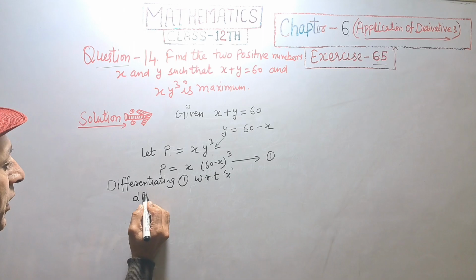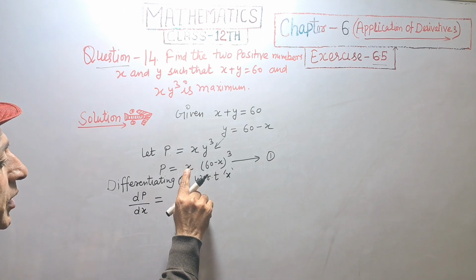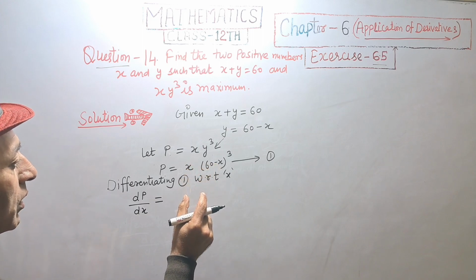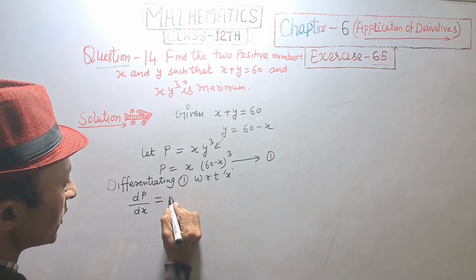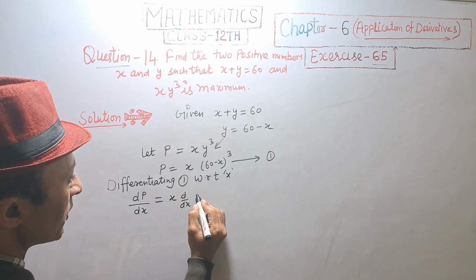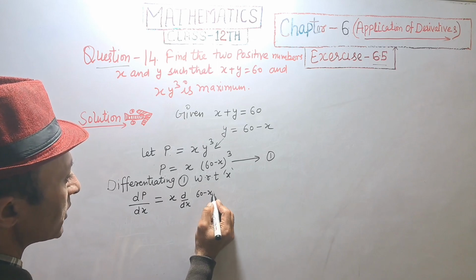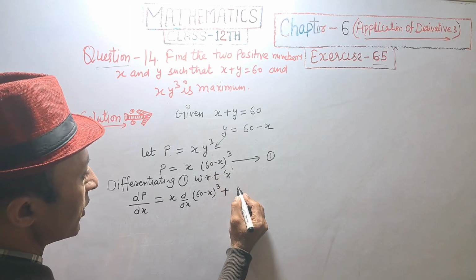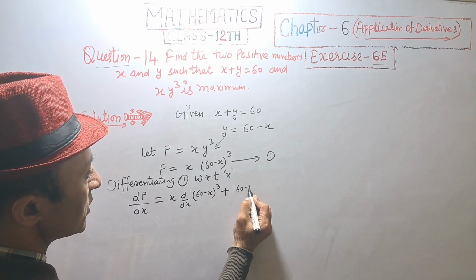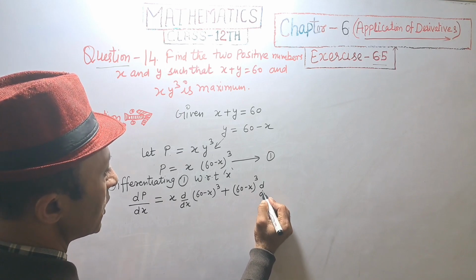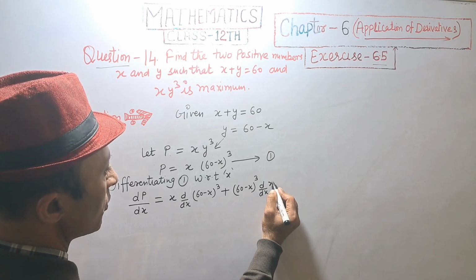We get dP upon dx is equal to, using the product rule, first function as it is, d/dx of (60 minus x) raised to power 3, plus second function as it is, (60 minus x) raised to power 3, into d/dx of x.